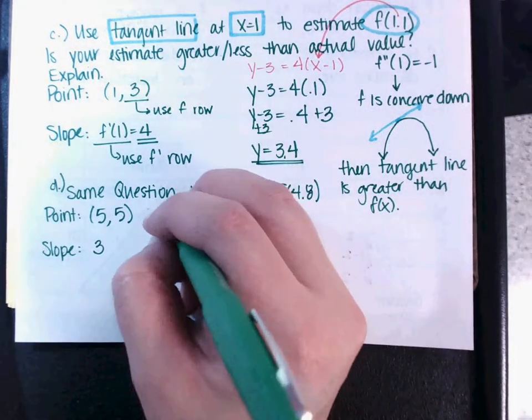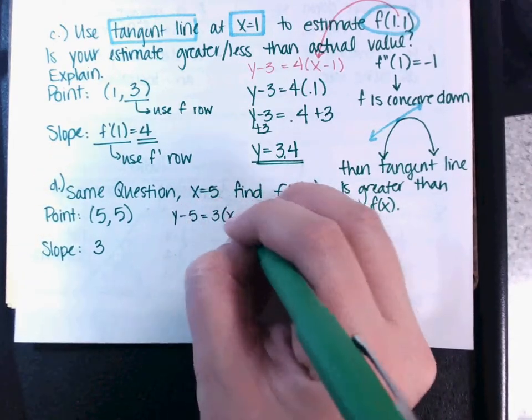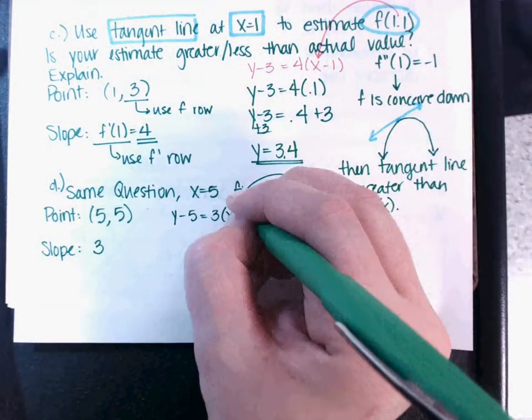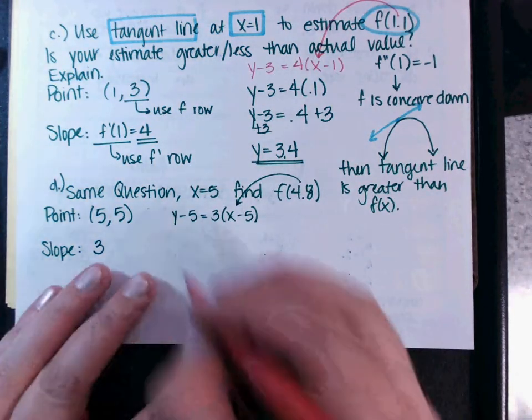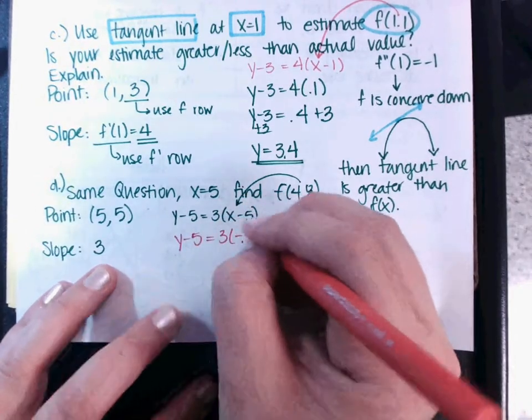So it'd be y minus 5, 3 is my slope, x minus 5 again. Then from there, I'm plugging in 4.8. What is 4.8? Take away 5. Okay, good. So it'd be 3 negative 0.2.